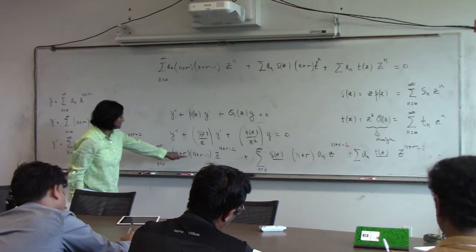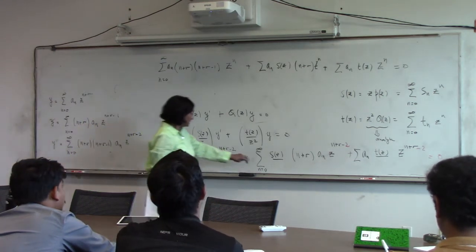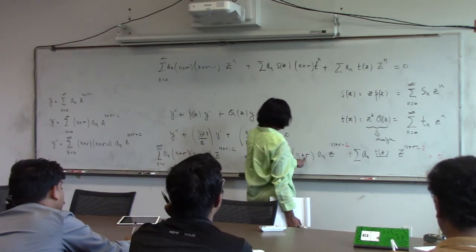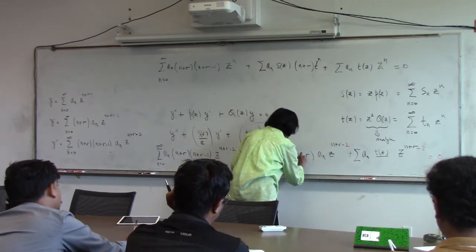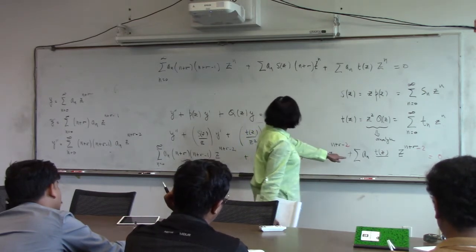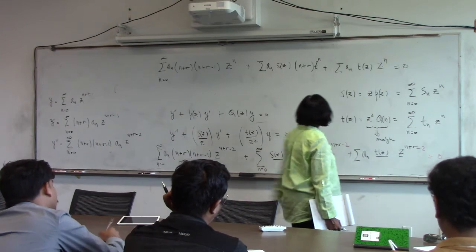That's right. I took that n plus sigma minus 1 like that. s of z, a sub n, n plus sigma. Okay, a sub n t of z. Okay, fine. Alright.